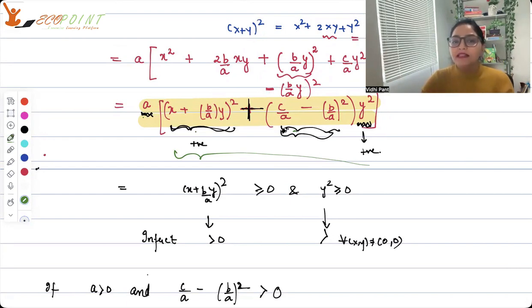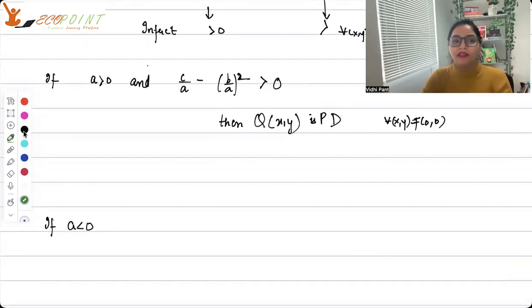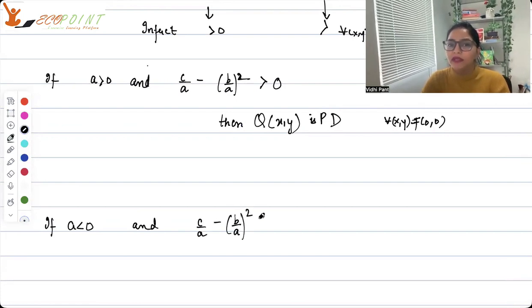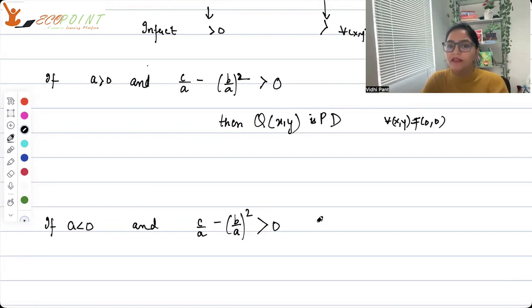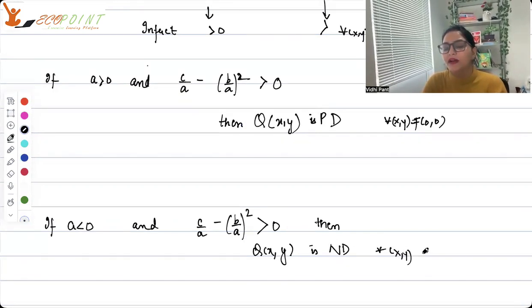But in case this expression is positive only, then this entire thing which is getting multiplied by a is positive. So a is negative. Negative multiplied by positive gives you negative. So therefore the condition will be that if a is strictly less than 0 and again c by a minus (b by a) square is strictly greater than 0, then Q(x, y) is negative definite for all x, y not equal to 0, 0.